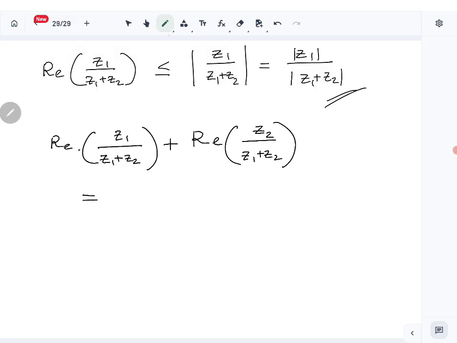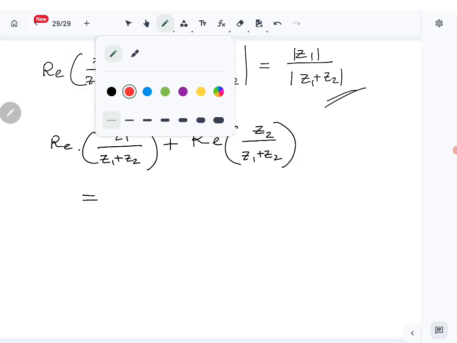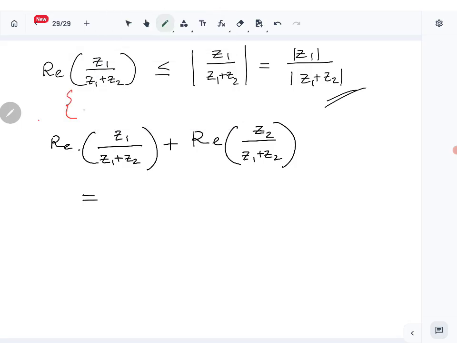So here we are going to use this result. We can use this one. Real Z1 plus real Z2 is the same as real of Z1 plus Z2 together.